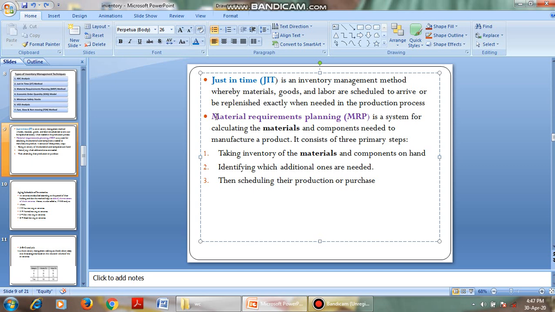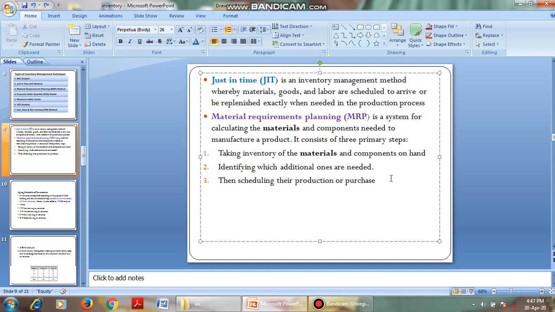Okay. Next, material requirement planning. It is a system for calculating materials and components needed to manufacture a product. It consists of 3 primary steps. First one is taking the material of components into hand, identifying which additional elements are required, and then scheduling their production or purchase.